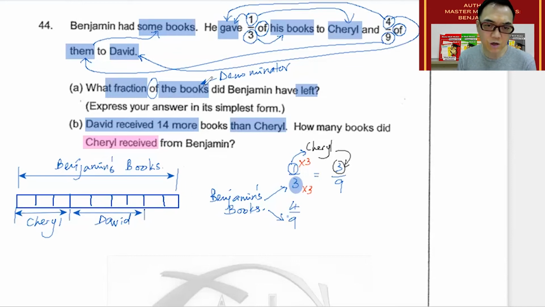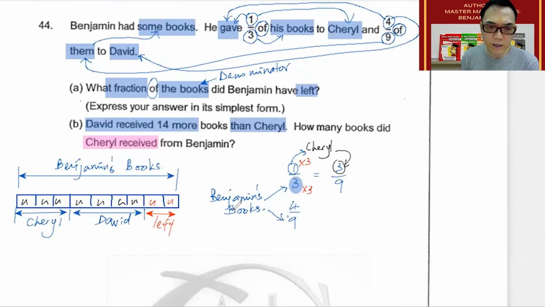Question: what fraction of the books did Benjamin have left? We can see clearly from the model that what is left is over here. And we can also clearly see that there are 2 units left out of a total of 9 units.